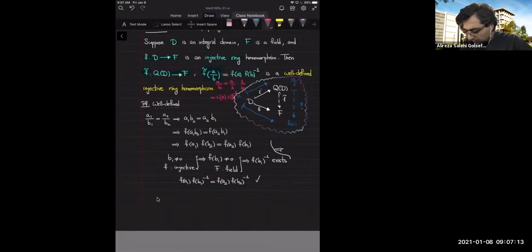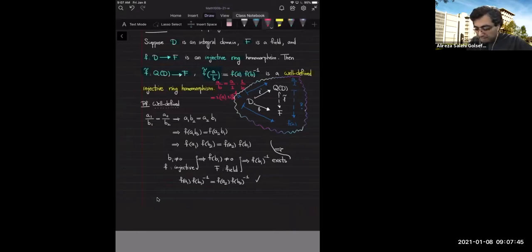When you think about it, it means when I go from D to the field of fractions via I, or when I go from D to the field capital F via this embedding small f, then I am finding this embedding of the field of fractions from Q of D to capital F that we denoted by F tilde, and this embedding is compatible with the embedding of D. Which means what?